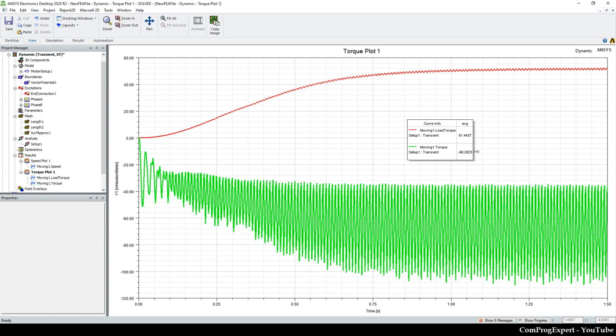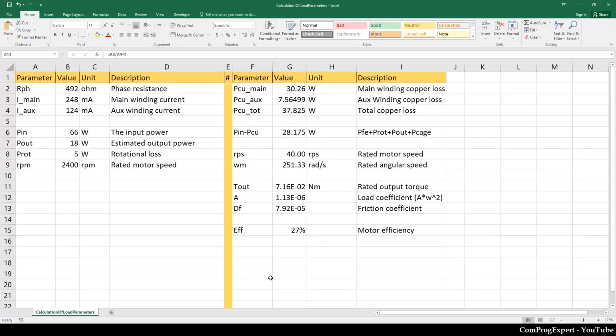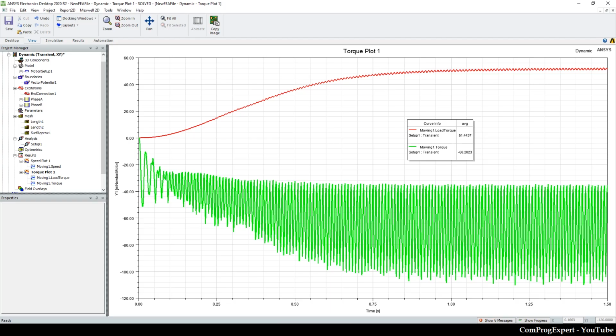The electric torque is consumed for the load torque and friction torque, right? So here we have 71, but here we have 68, and we have this speed.